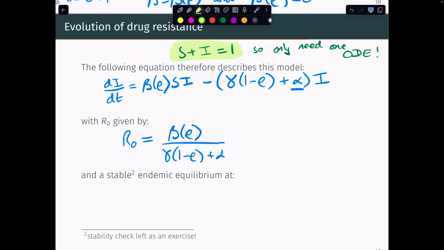Note that all we're doing really is taking the rate of new infections at our disease-free equilibrium, so what's coming into our infectious class, and dividing it by what's going out of our infectious class. We talked before about the average infectious period. This here is actually 1 over the average infectious period.